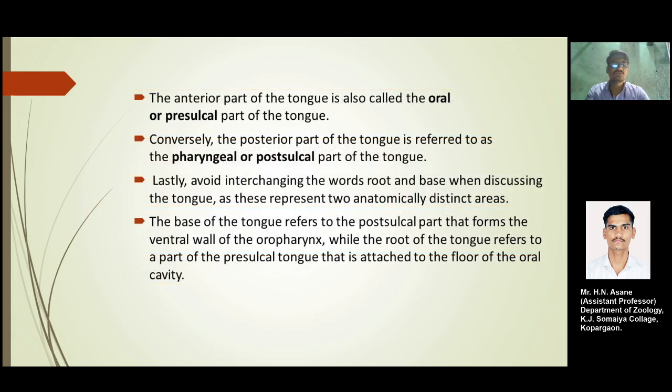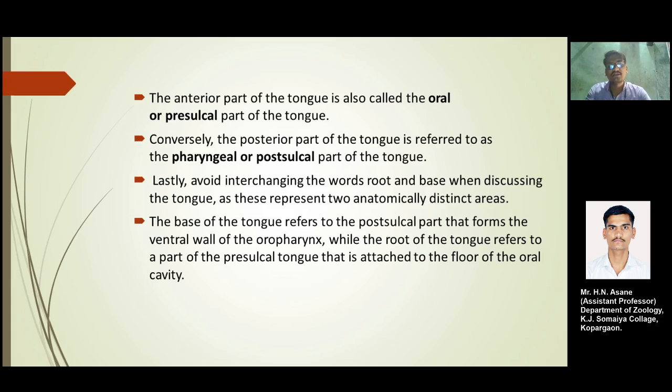So the anterior part of the tongue is also called the oral or the presulcal part of the tongue. Conversely, the posterior part of the tongue is referred to as the pharyngeal or the postsulcal part of the tongue.